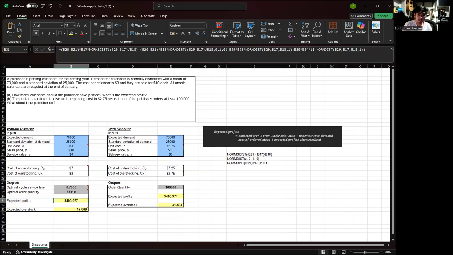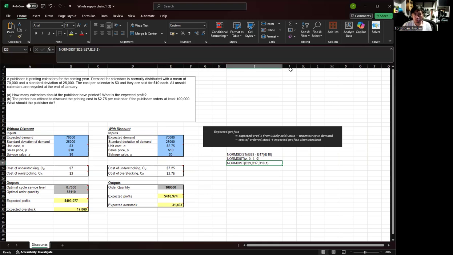And then for the rest of the formula, this third one explains what's the probability that my actual demand is equal to the order quantity itself. That's the function of this command.